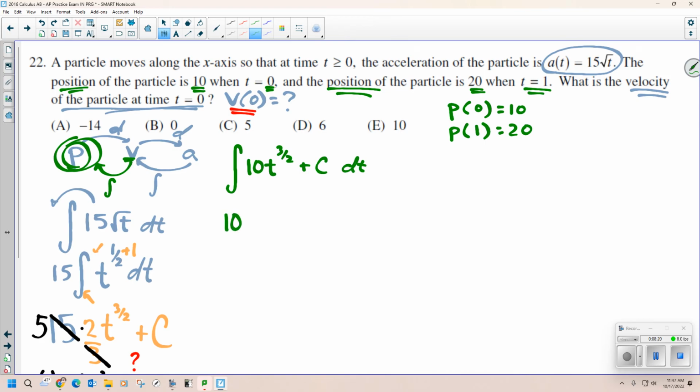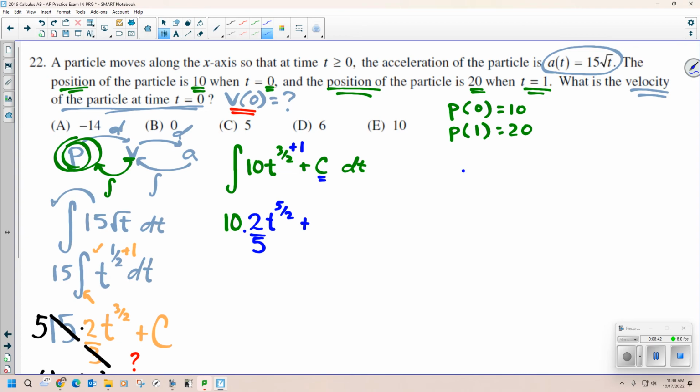Here, I've got to add 1 to the exponent, which means it's t to the 5/2. And then I divide by 5/2, which is the same as multiplying by the reciprocal 2/5. Plus any constant.